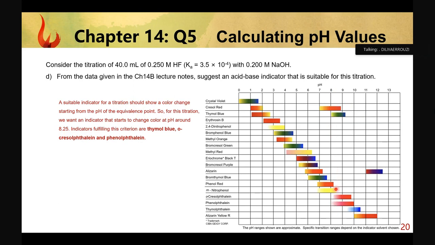We know the indicator must change its color around that point. So this is out because it's basically red, and this is out, basically yellow. So these three are okay. So we should pick one of these three as our indicator.